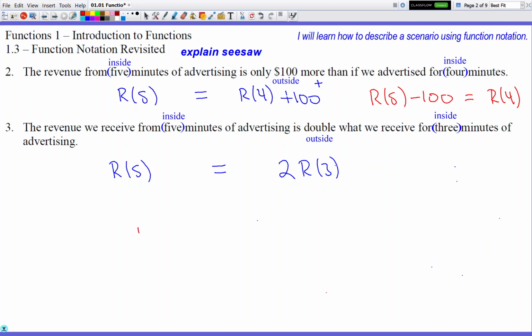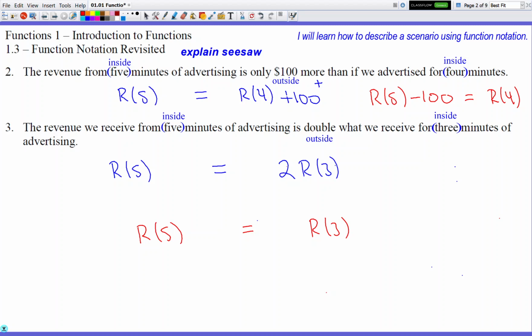So I'm going to write out the preliminary stuff. R of 5 versus R of 3. And I know I have to make these two sides equal, but I can't use times by 2, because that scenario has already been played out. We times by 2 on the right side, we're good to go. But what is the other scenario where I don't double to make the lighter side heavier? What is the scenario where I want to make the heavier side lighter?